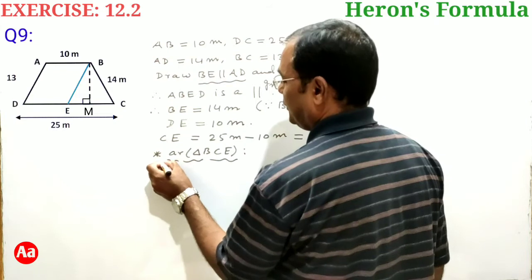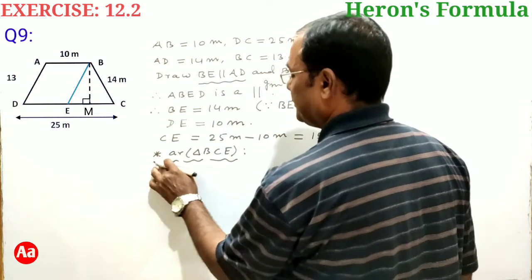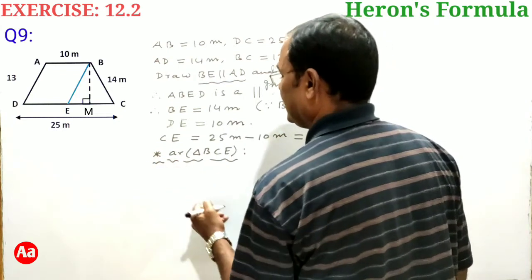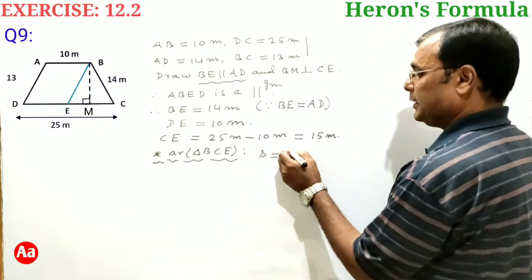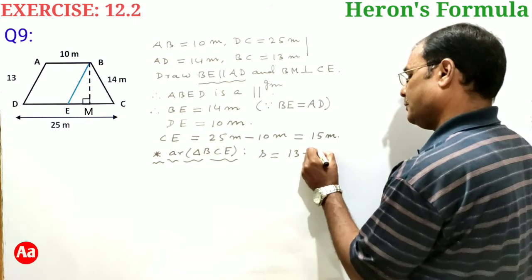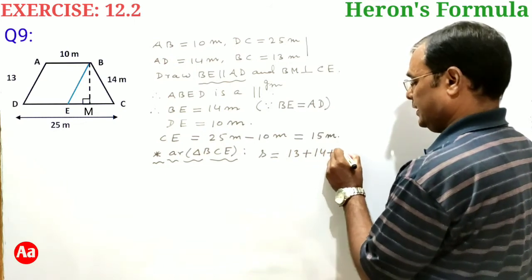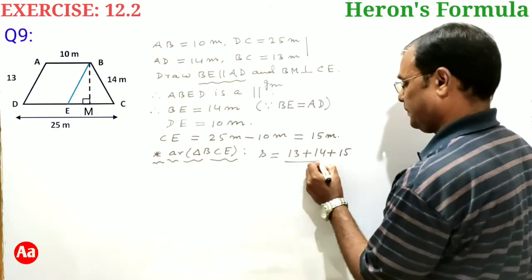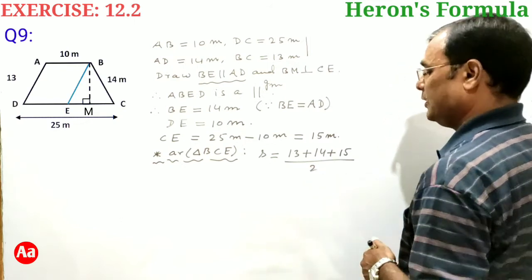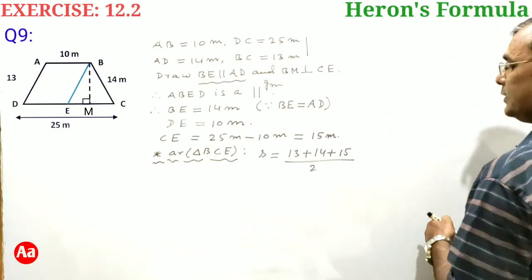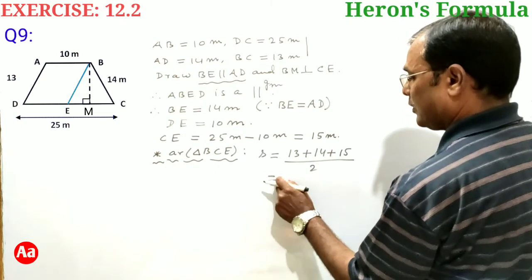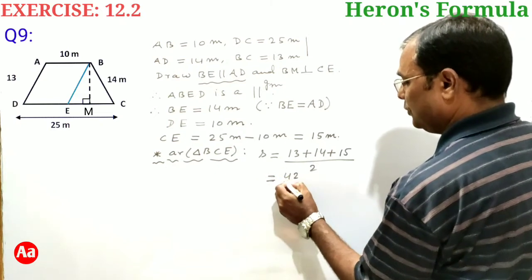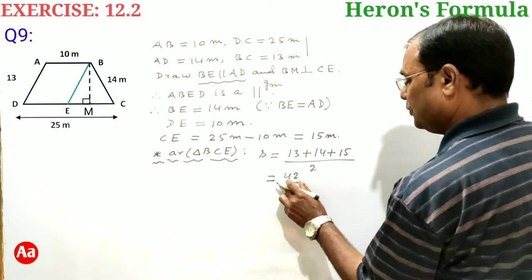Let's first find semi-perimeter of triangle BCE. What is semi-perimeter? Semi-perimeter is 13 plus 14 plus 15 divided by 2, and it is equal to 42 divided by 2.